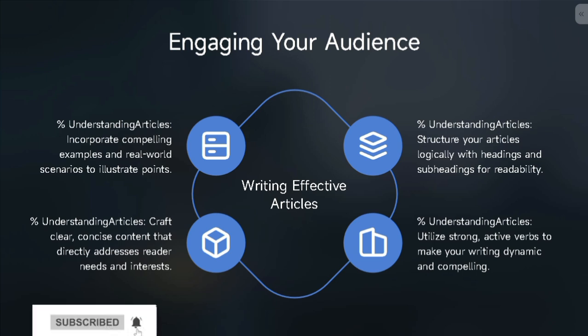Okay, so now I hope you all have gathered. So this is a quick slide on writing effective articles. It's all about how you are using the articles in your daily sentences. So understand articles, to incorporate them perfectly in your sentences. Hope the examples have helped you a lot.